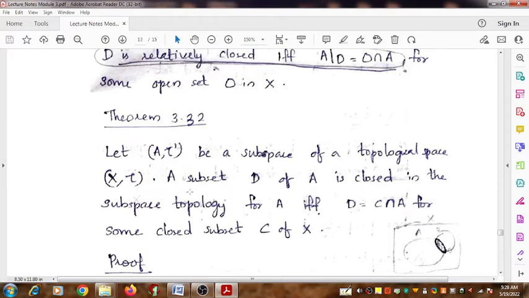Actually, we are going to state the theorem about closed subsets of the subspace.